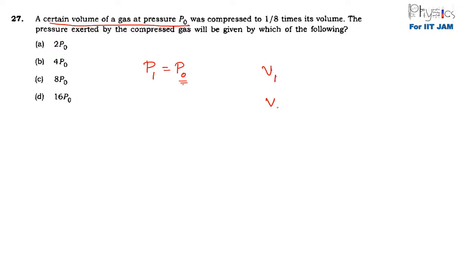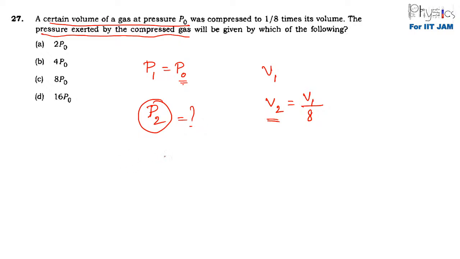Suppose it is compressed to volume V2, which is equal to V1 by 8. At the volume V2, let the pressure be P2. We are asked to calculate the pressure exerted by the compressed gas, that is P2; we have to find the value of P2.